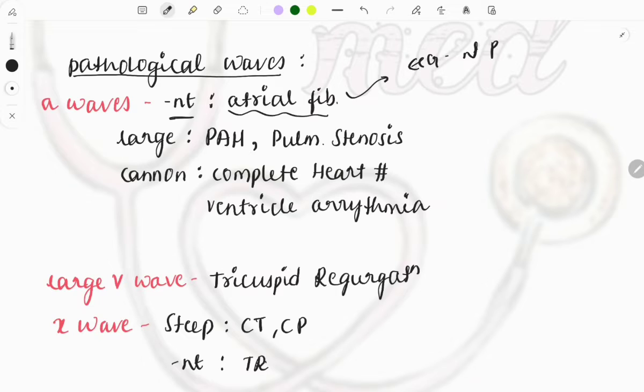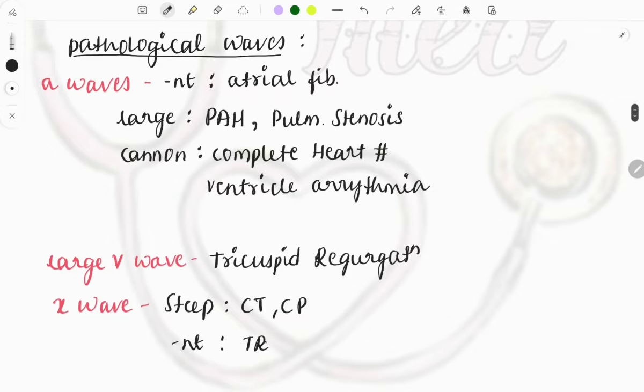There is an absent P wave, meaning there is no conduction. The P wave on the ECG signifies the contraction of the atria. So the P wave is absent in atrial fibrillation. Apply the same concept here: the A wave is absent in atrial fibrillation also, because there is no proper contraction of the atria happening.